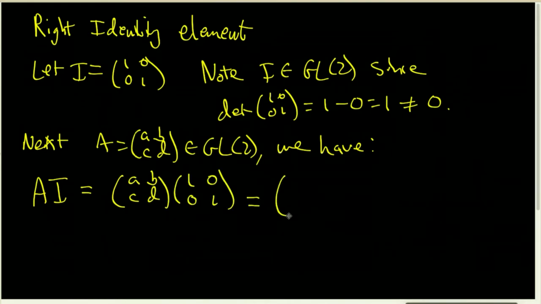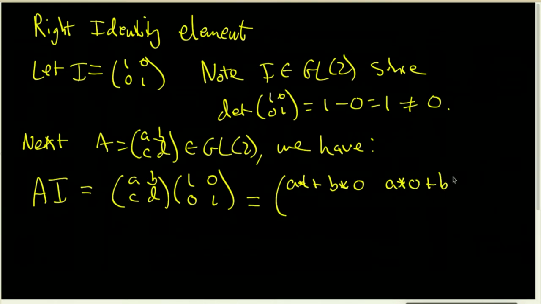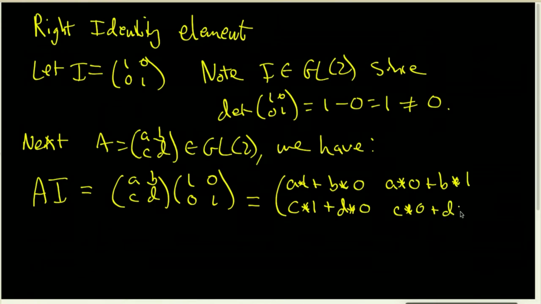And when we use our matrix multiplication definition, this is going to be A times 1 plus B times 0, and then we will have A times 0 plus B times 1, and we will have C times 1 plus D times 0. And the final element will be C times 0 plus D times 1. And when we clean up the arithmetic, this is indeed A, B, C, D.